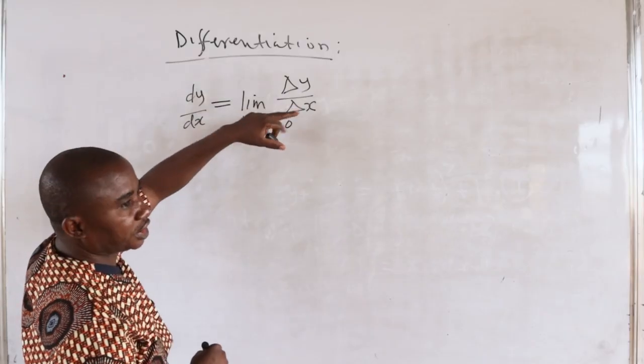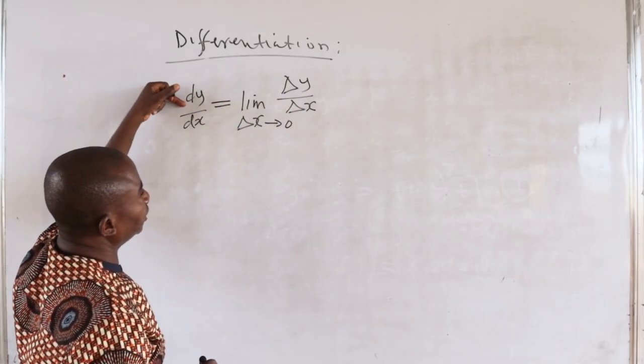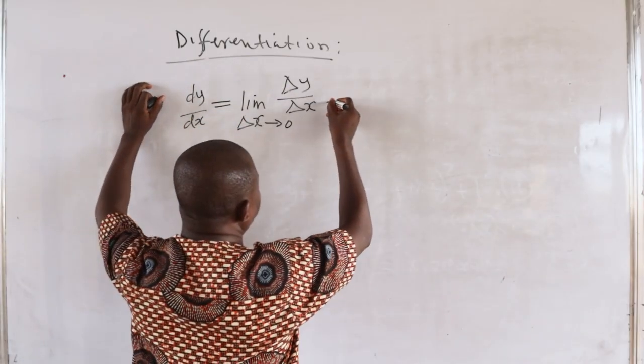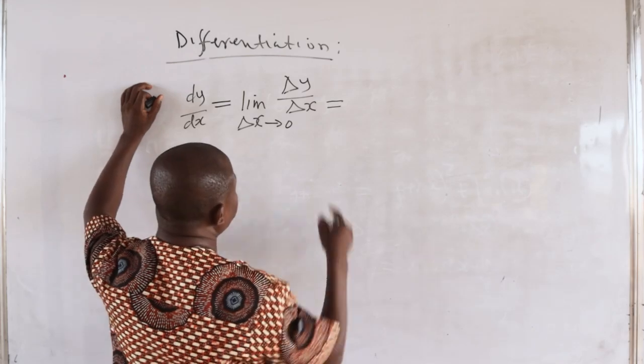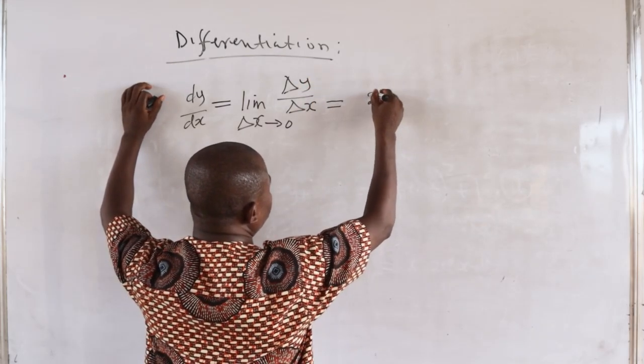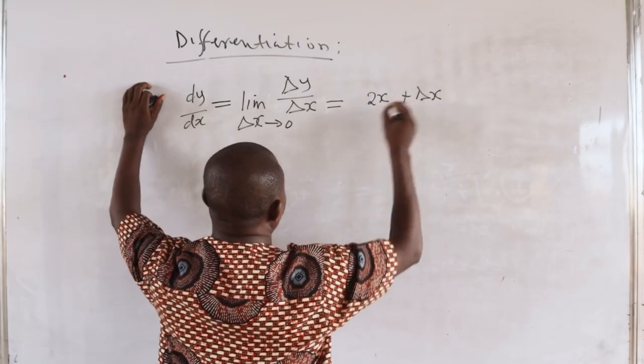I'll come back to these notations immediately we evaluate the limit. So I give different names to this and that. We have computed change in y with respect to change in x, and we got 2x plus change in x.